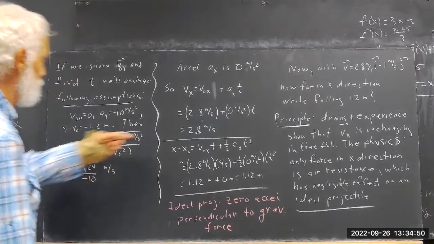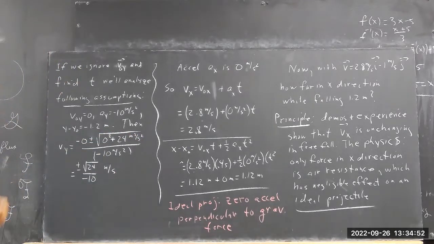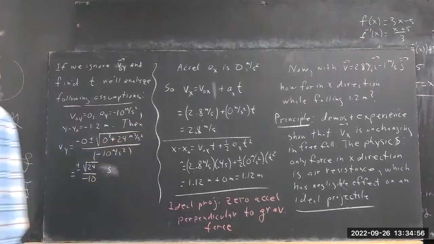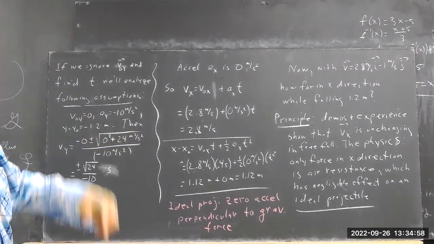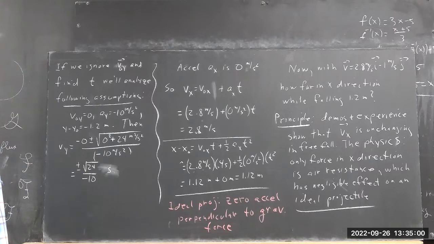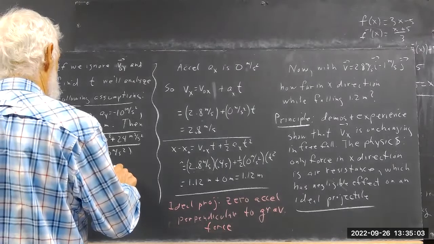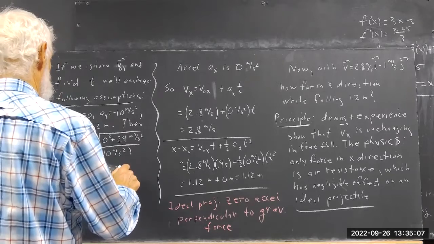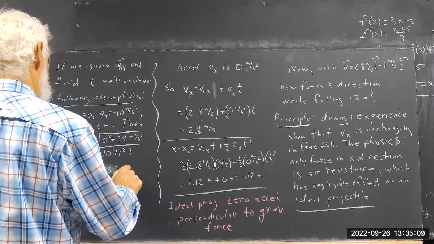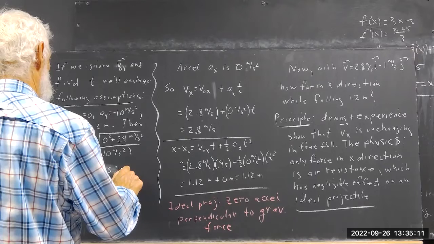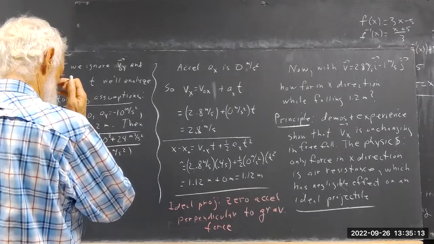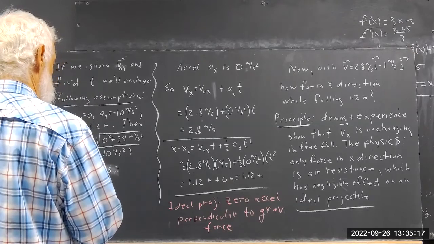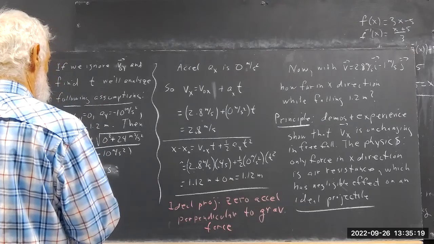You can check out the units here. It comes out in seconds. The square root comes out in meters per second, divided by meters per second squared, gives you seconds. Okay. And that's approximately equal to, it's wrong, it's just come out longer than it should.